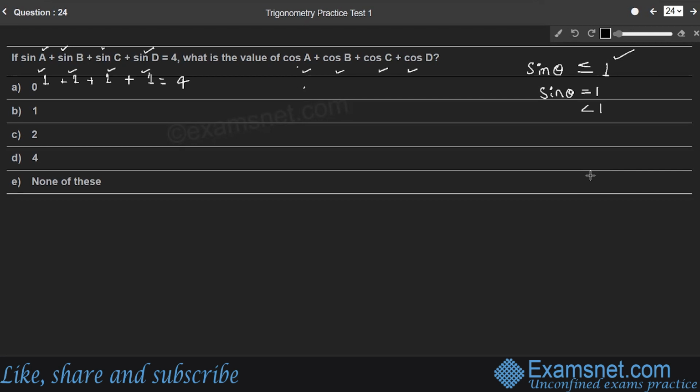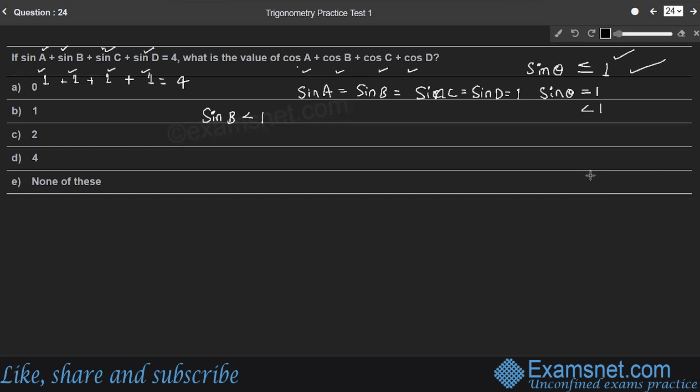Therefore, sin A is equal to sin B is equal to sin C is equal to sin D is equal to 1. If you consider any one function, for example, sin B, to be less than 1, then in the remaining functions, one of the functions should be greater than 1, which is not possible in case of the sine function.